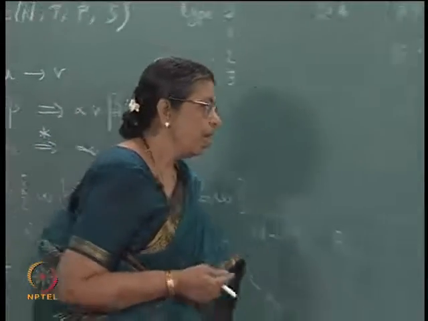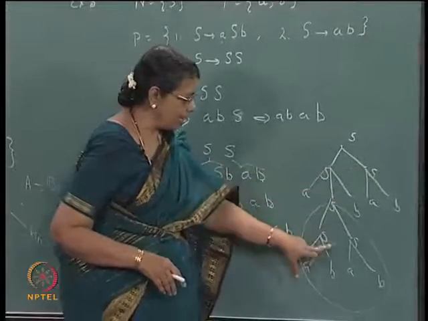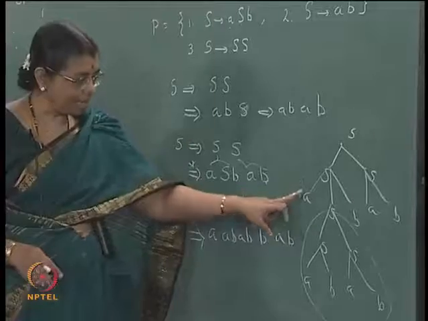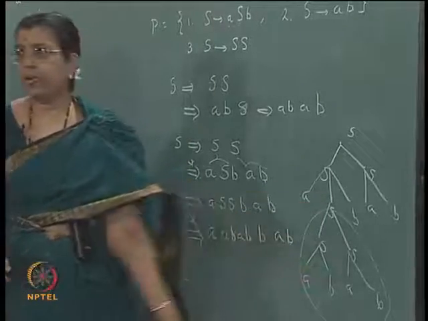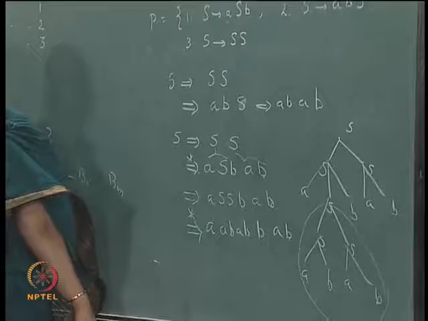Okay. And the internal nodes have non-terminals as their labels, leaves have terminals, and if you read out the labels of the leaves from left to right, you get the string generated, and that is called the result of the tree.